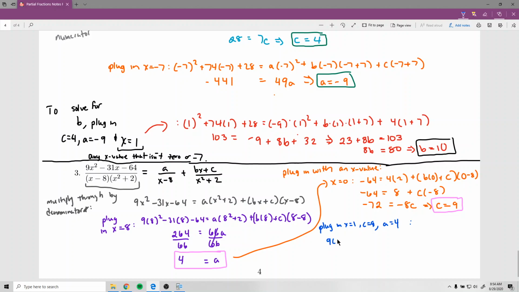We've got 9 times 1 squared minus 31 times 1 minus 64 equals a, which is 4, times plugging in 1 for x. We've got 1 squared plus 2 plus b. We're plugging in x equals 1 plus c, which is 9, times, I'm running out of room here.